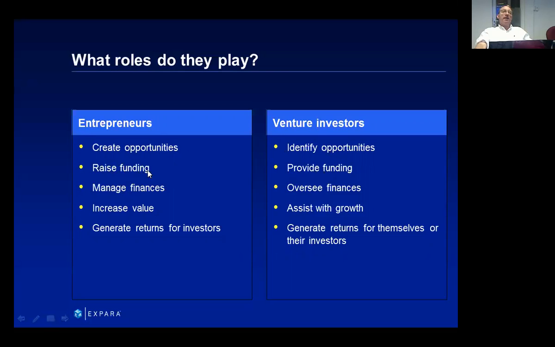Entrepreneurs raise money; investors provide money. Entrepreneurs manage finance; investors oversee. Entrepreneurs want to increase value; venture investors want to help them do that. And entrepreneurs want to generate returns for investors, and venture investors want to generate returns for themselves or their investors. So this is a pretty nice alignment of interest.